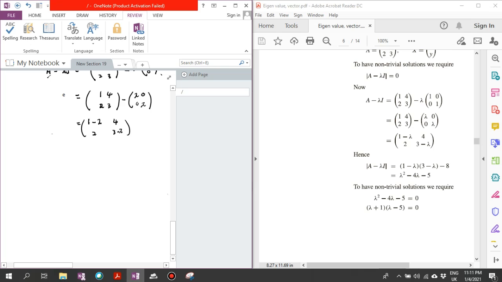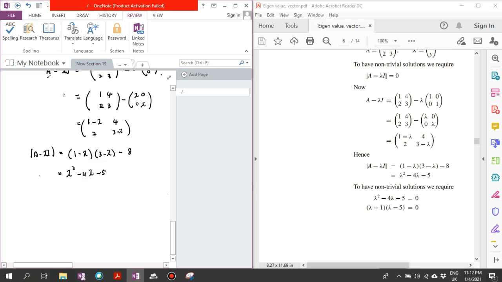We can solve the determinant of A minus lambda I equal to 0. We just find the determinant of 1 minus lambda times 3 minus lambda, minus 8. So you will get lambda square minus 4 lambda minus 5.